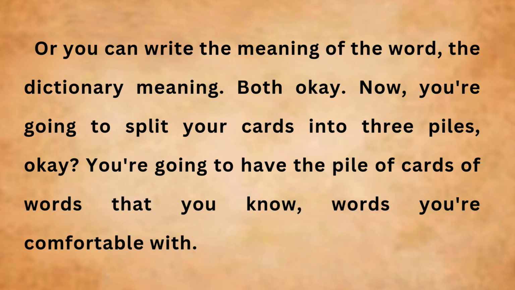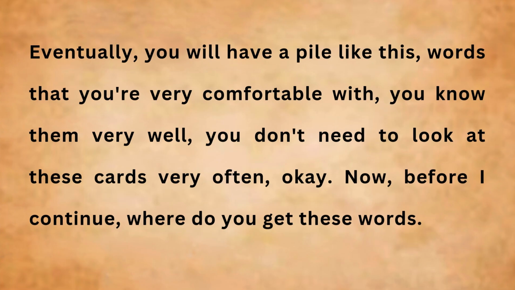Now, you're going to split your cards into three piles, okay? You're going to have the pile of cards of words that you know, words you're comfortable with. Eventually, you will have a pile like this, words that you're very comfortable with. You know them very well. You don't need to look at these cards very often, okay?